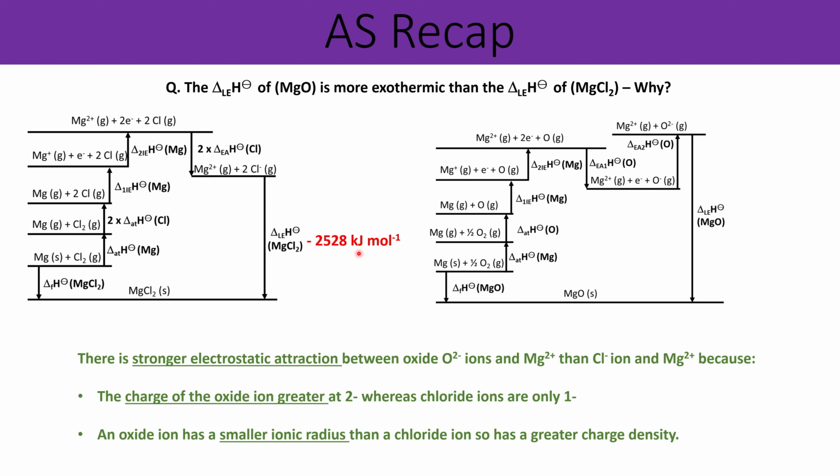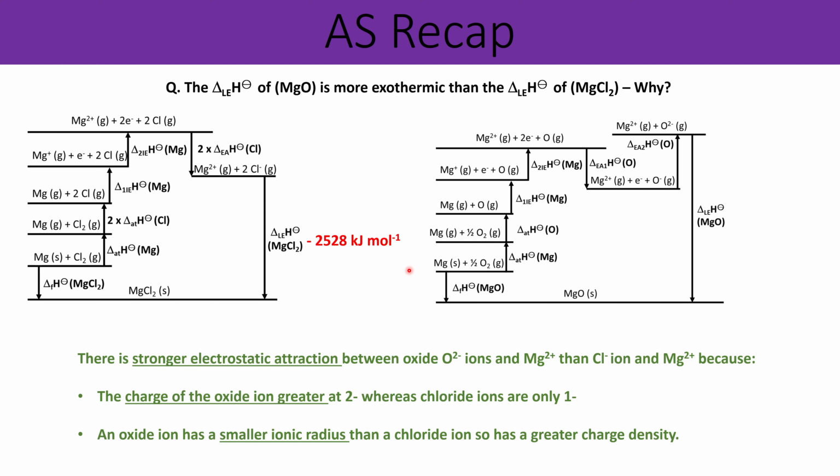So what that's actually saying there, let's imagine that arrow was going up. Then you would be going from the solid to the gaseous ions, so you would be breaking that ionic lattice. If you were to flip that arrow, it would become endothermic. You would have to put in, per mole of magnesium chloride, 2,528 kilojoules of energy in order to break the ionic lattice, per mole.